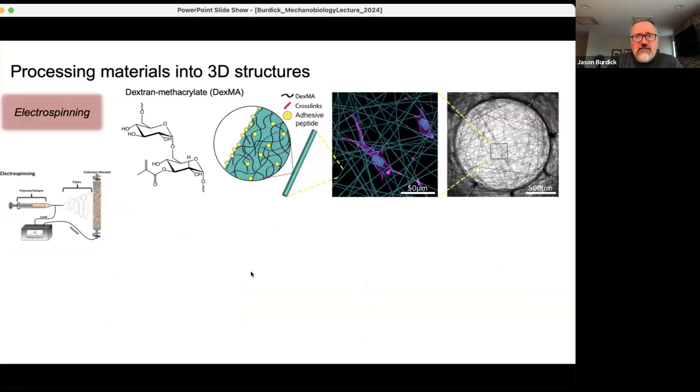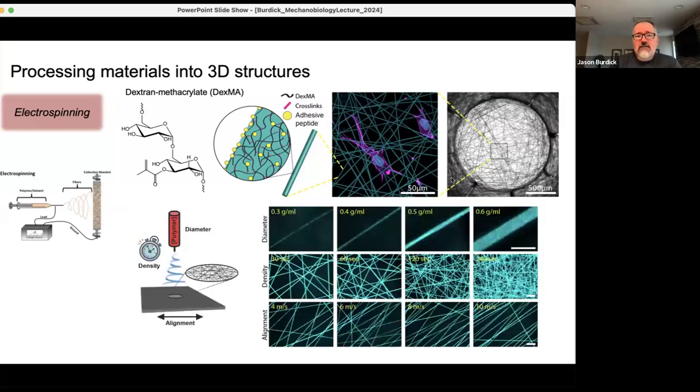And then I just have a couple more slides, but electrospinning here, we've done this with different types of hydrogel materials. So you can make the same materials we've talked about with hydrogels into fibrous materials and look at how cells interact with those. And here's just some examples of cells crossing a bunch of different fibers and looking at things like the density of the fibers, their alignment. So if you process these on something that's maybe rotating, you can collect them with a really defined or aligned pattern.